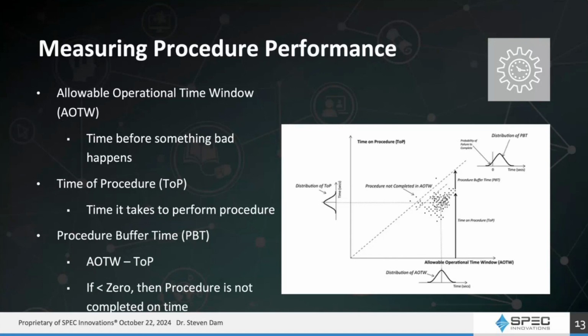But even then, there's a distribution of that time. So you want to look at what that window would be. And then the time of the procedure itself is something you need to calculate. That's a distribution too. As we've said, there's variance in the people's capabilities, variance in how quickly they can execute, variance in all kinds of things.